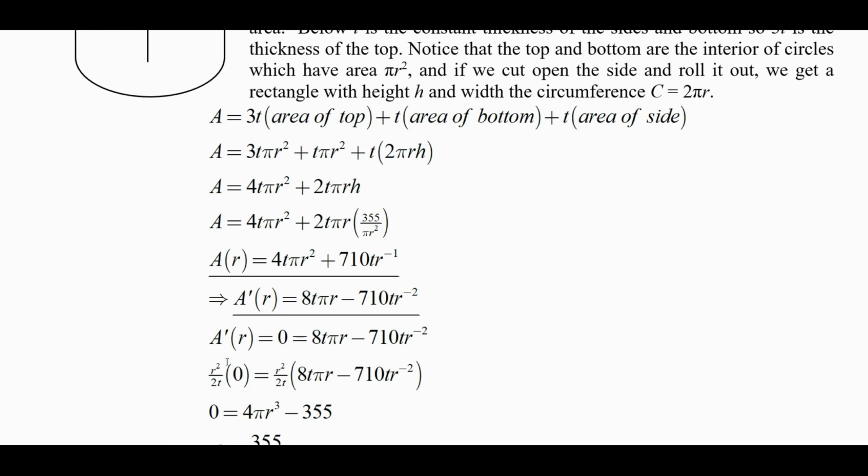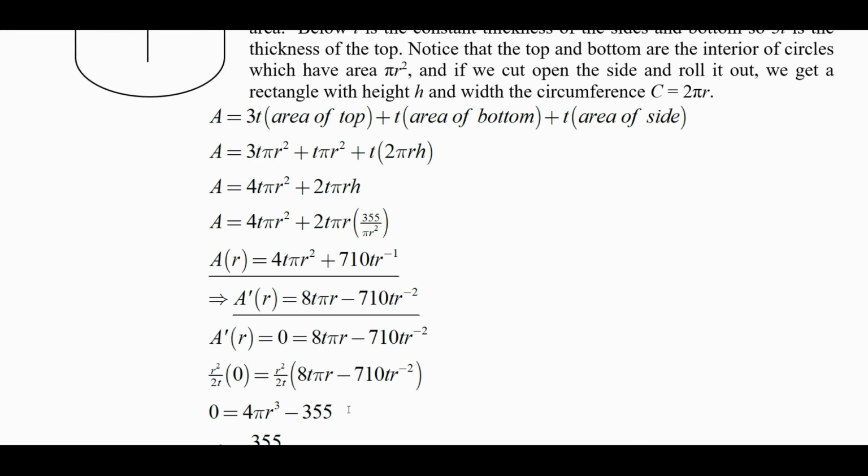What I'm going to do first is multiply both sides by r squared over 2t, and this is going to simplify some things. The left side's still 0. They both had a 2t in common, so dividing by 2t simplifies a little bit. Get this down to just 4, and this down to 355. The r squared times this is r cubed, and r squared times r to the negative 2 clears out my negative exponent, so it goes away completely.